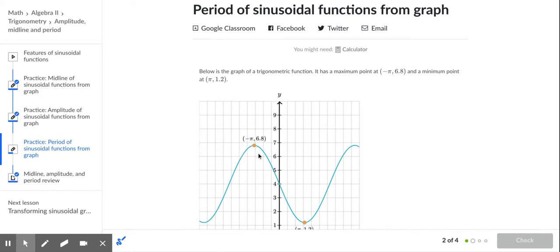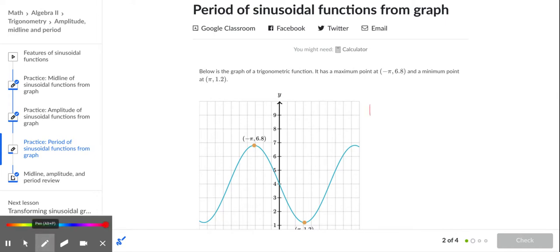With period, we're talking about the x direction. So if I have the distance from the maximum to the minimum, then I have half the distance from the maximum to the maximum. I need to figure out this distance and then multiply it by 2. So the distance from the maximum to the minimum times 2 will give me my period.